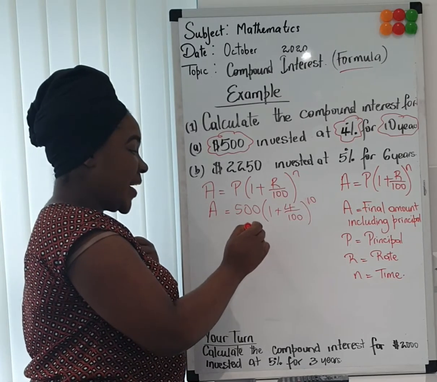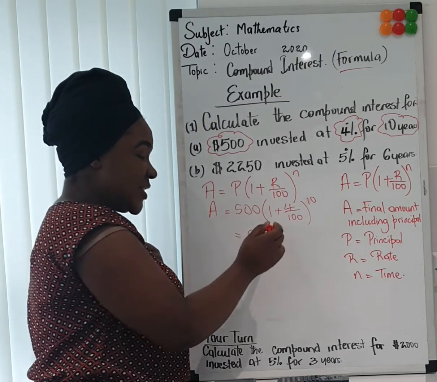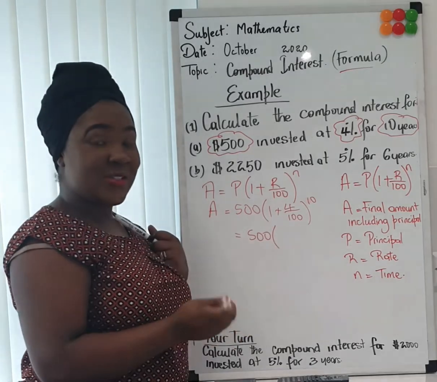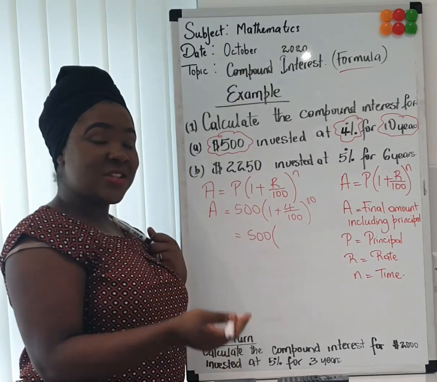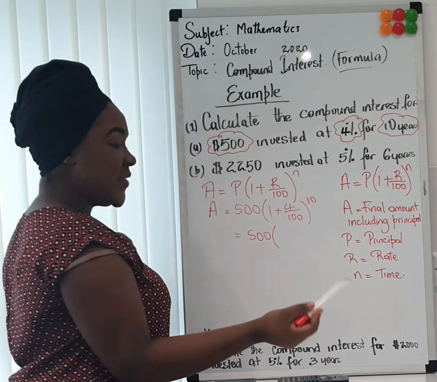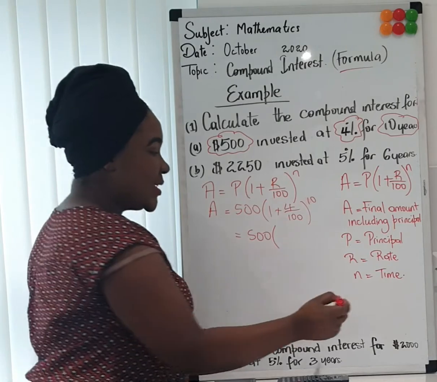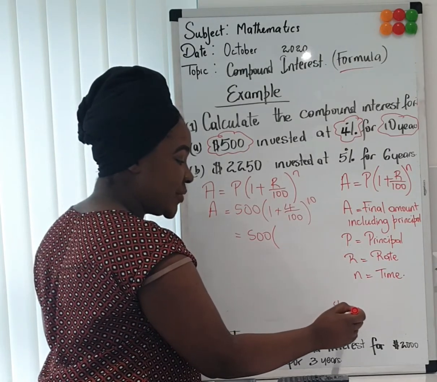When I'm simplifying, I have my 500 just the same. I know that 4 divided by 100 is 0.04.